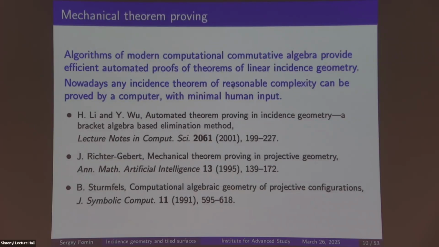On the bright side, the development of computational commutative algebra, things like Gröbner bases and various algorithms based on them, created a situation where you can prove any theorem. If I bring it to you on a silver platter, you can just type it into existing off-the-shelf software, and the software will check whether the theorem is true or not.